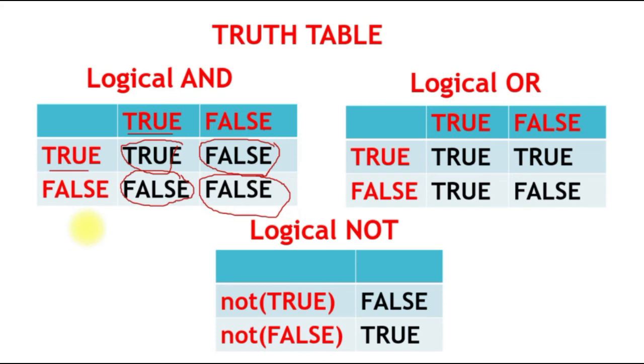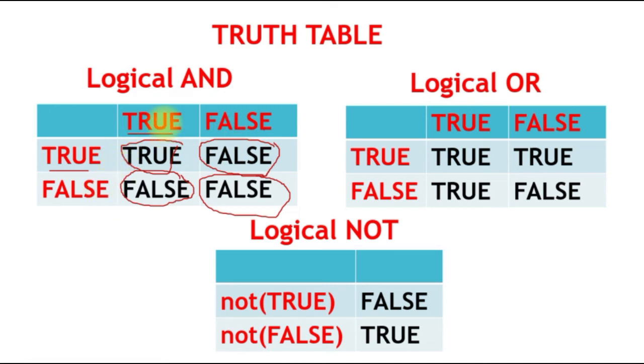Ipagpalagay natin na yung and is multiplication. Yung true is 1, yung false is 0. So, 1 times 1. Example, 1 times 1 kasi nga true times true. The answer is true or 1. Next, true and false.